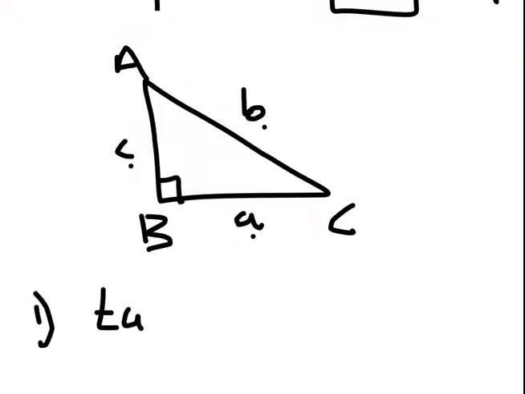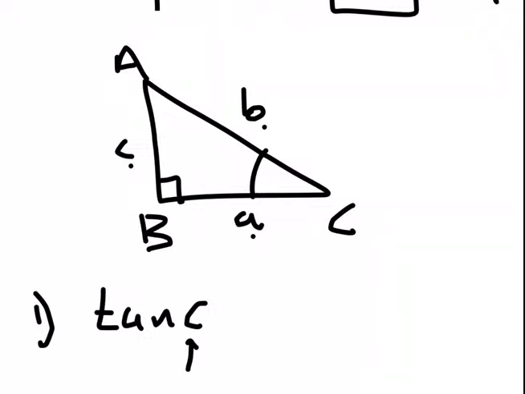So the moment I say number one, state tan C in terms of A, B, and C, it's like I'm saying take C as the reference angle. Then with a pencil, you can just do that.